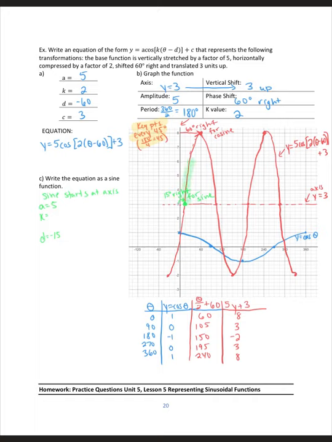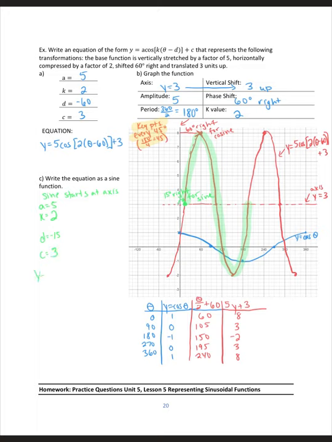If I was to trace how long it took to complete one period, it starts there at 15 and goes all the way there to 195. So I still have a period of 180 degrees. So that means my K value is going to be 2. And our C value, which is our axis, is still at 3. So the only thing that's really going to change is our phase shift.